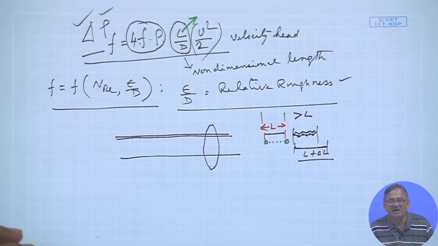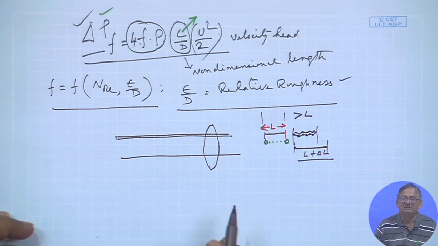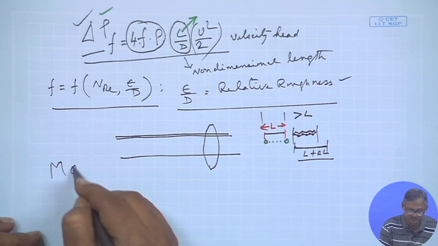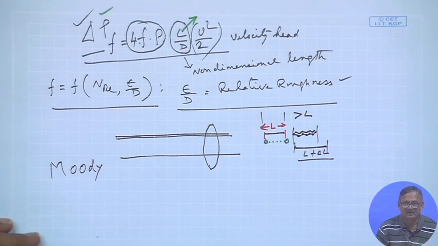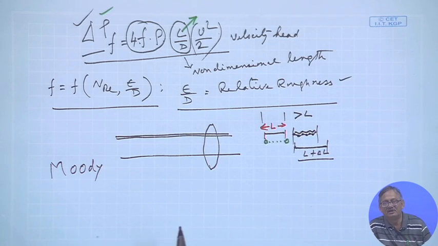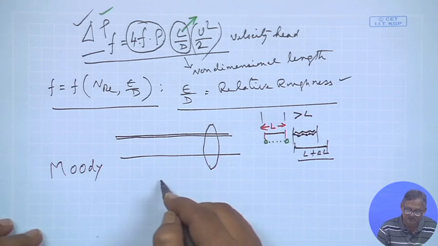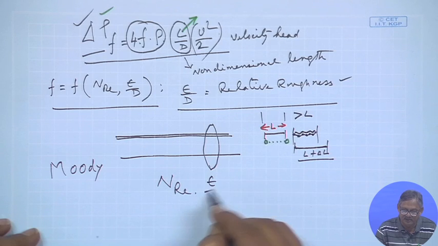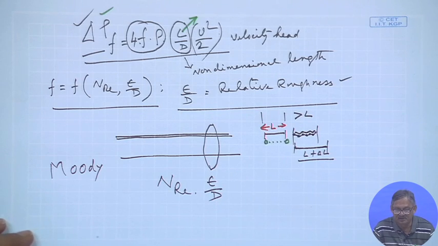So, this we have to consider, and this was considered by a renowned scientist called Moody, and he subsequently prepared a chart that is called Moody's chart, for which we have to first know the Reynolds number, NRE. We also have to find out epsilon by d, that is relative roughness, right.